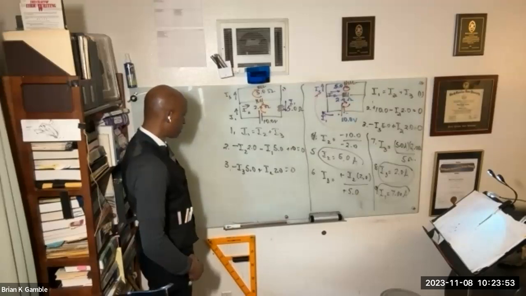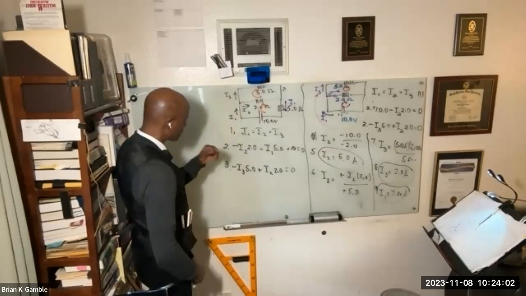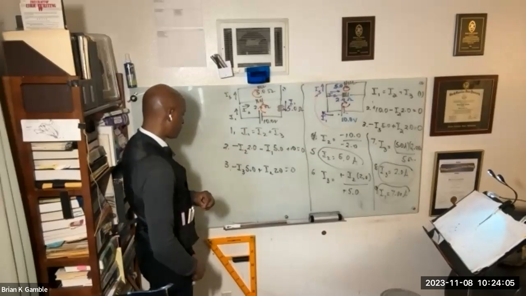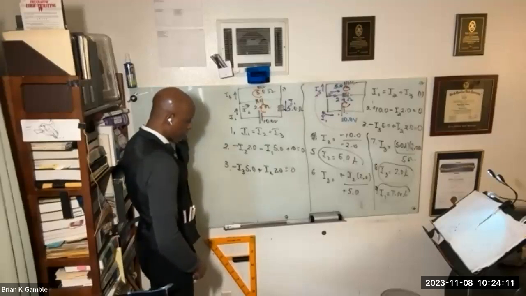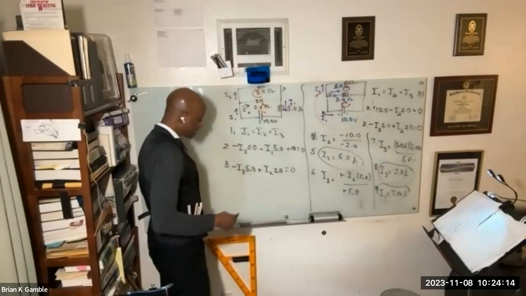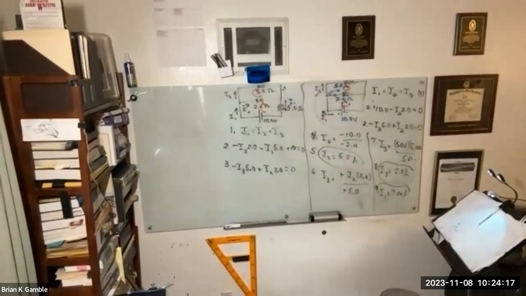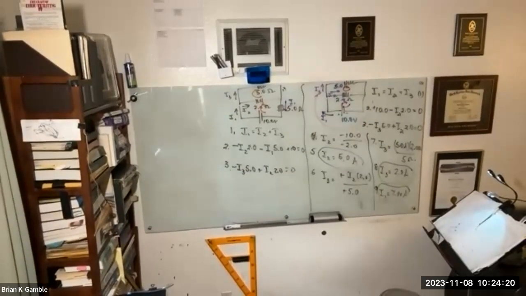But I think the way to go is to just take I1 and put it into this equation, and that does the algebra, and then that gives me two equations with two unknowns, I2 and I3, that I can solve simultaneously. That is the route that I'm going to go.